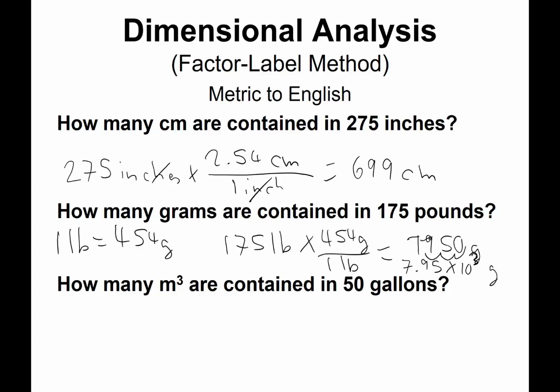How many cubic meters are contained in 50 gallons? Okay, we're going to have to convert gallons to liters, and then we know the relationship that 1 liter is equal to 10 to the minus 3 cubic meters, and go from there. So the conversion factor from gallons is 50 gallons, and there are 3.785 liters in 1 gallon.